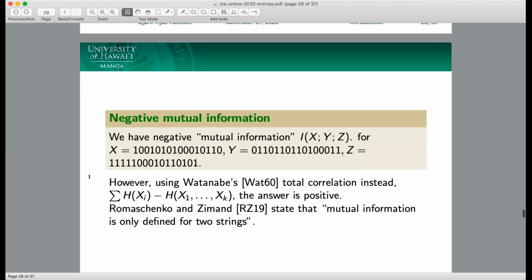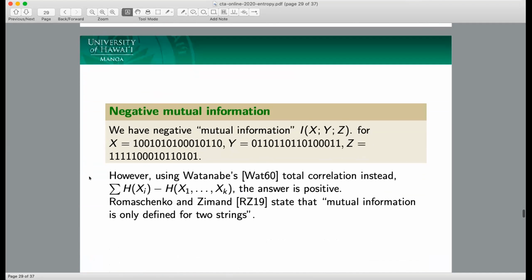Okay, so here's an example, and I think this will also translate into Kolmogorov complexity. Three strings with negative mutual information. I don't know if anybody wants to suggest what's going on with these three strings here.